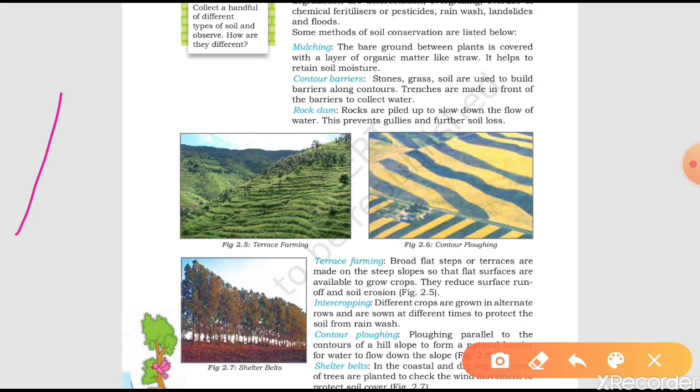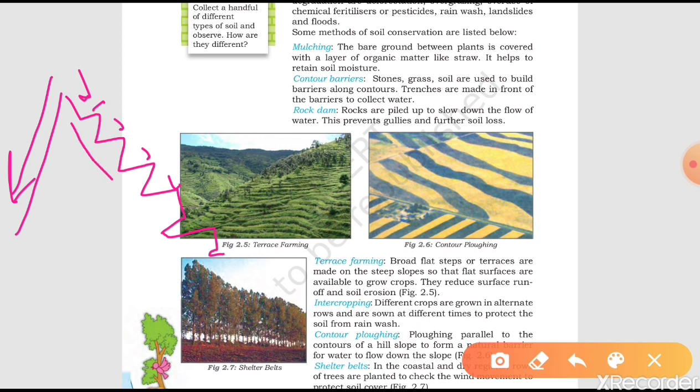If this is the mountain, then this slope is cut into steps, so that when the water comes, it has to go down through these steps, which creates a hindrance, so that the flow does not happen in a rushed manner. Okay, so this is terrace farming.